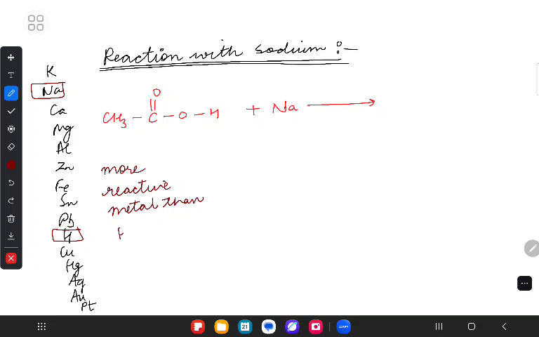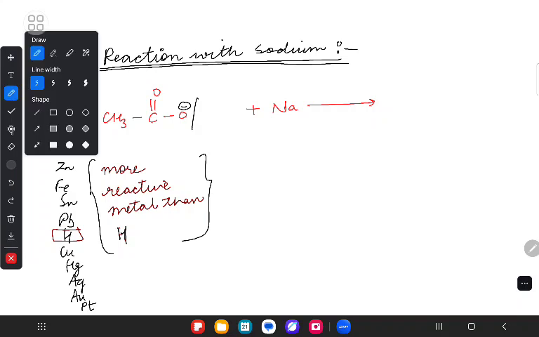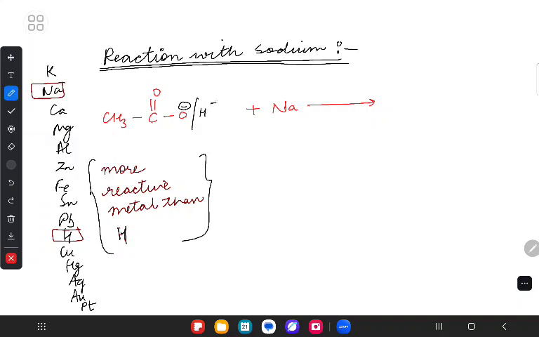Yes or no? So if Na is more reactive metal than H, what does that mean? Just tell me. Then I'm going to break this down. So we're going to have COOH. Got the point?